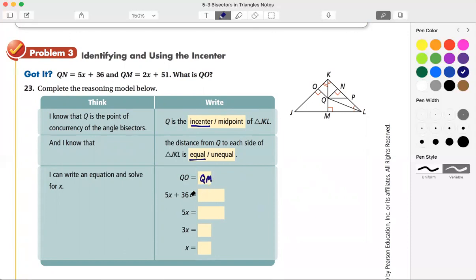If QO equals 5x plus 36, then it also equals 2x plus 51. Subtract 36 from both sides, and I get 5x equals 2x plus 15. Subtract 2x from each side, 3x equals 15, so x equals 5.